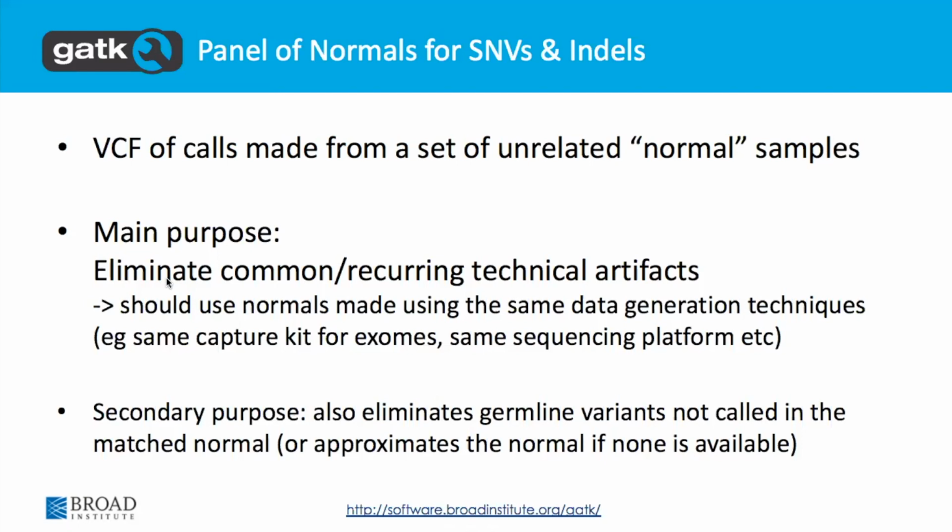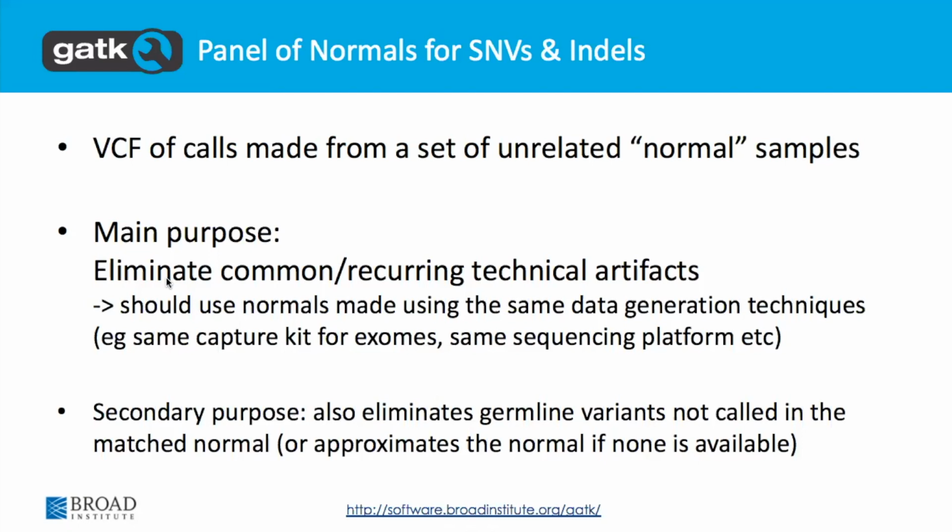That's the job of the panel of normals. So definitely you want to use the panel of normals in all cases. That slide was just saying it's even more important to use the panel of normals when you're in tumor-only mode. It pulls double duty, if that makes sense.